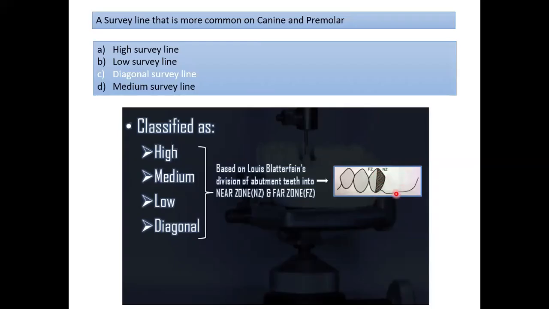One half, located towards your edentulous region, is called the near zone. The one located on the adjacent side, towards which the teeth are present, is called your far zone. Dividing the tooth into near zone and far zone was given by Louis Blatterfin.